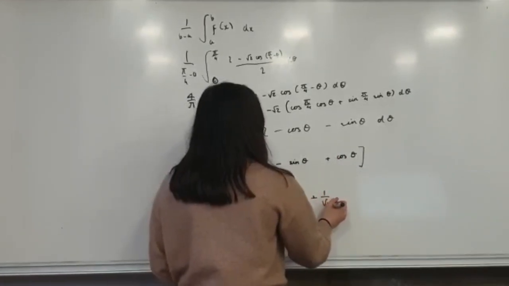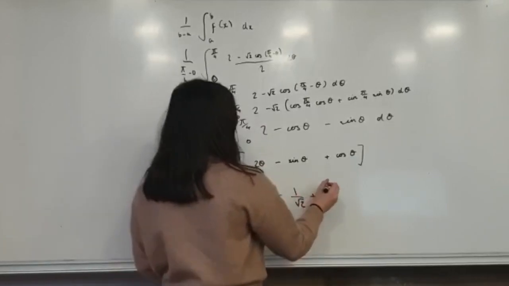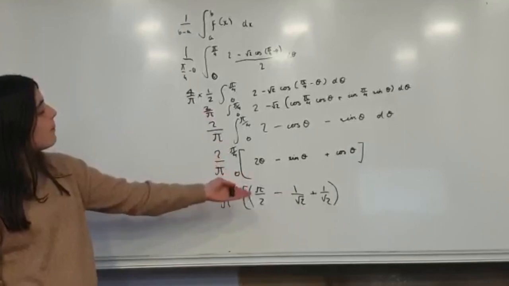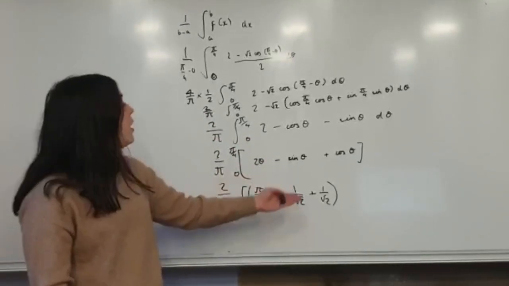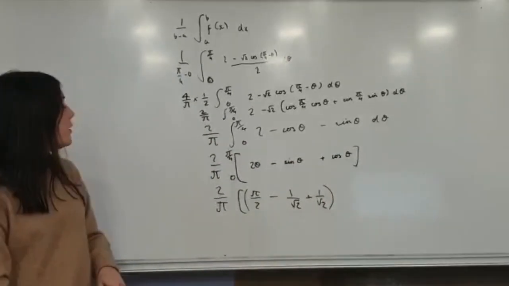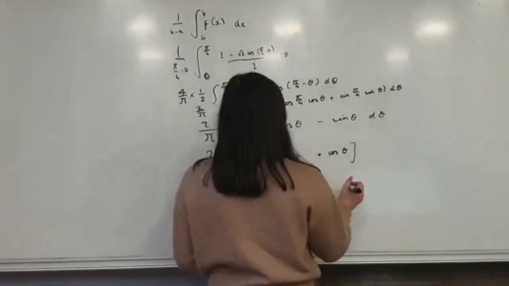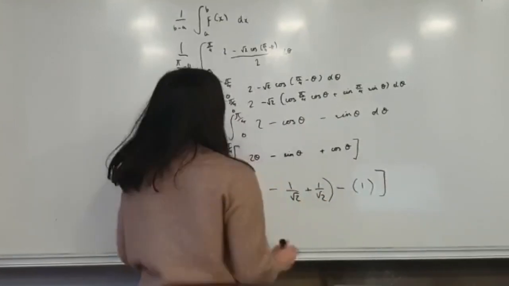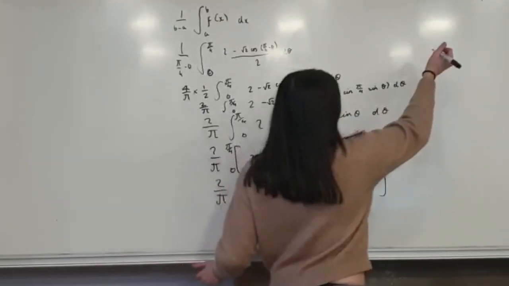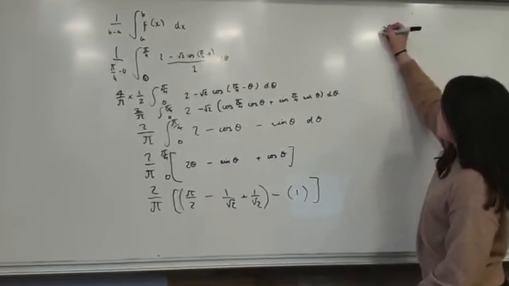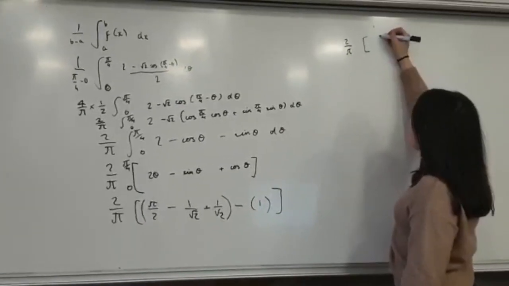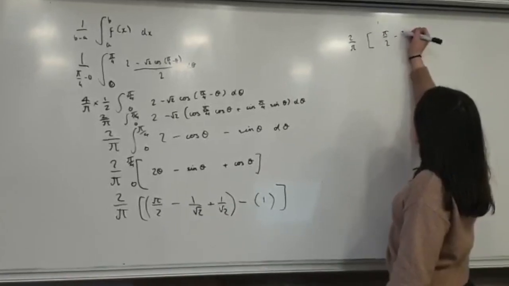So essentially when we're doing our calculations later, they will cancel out. Now when we put 0 in, we get 0 minus sine 0, which is 0, plus cos 0, which is 1. So essentially we are minusing 1 from this bracket. So we are left with 2 over pi times pi over 2 minus 1.